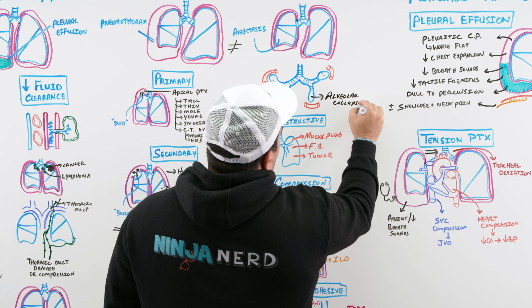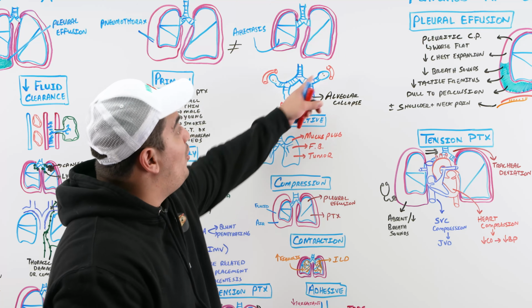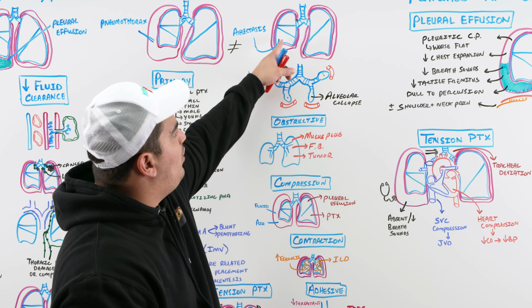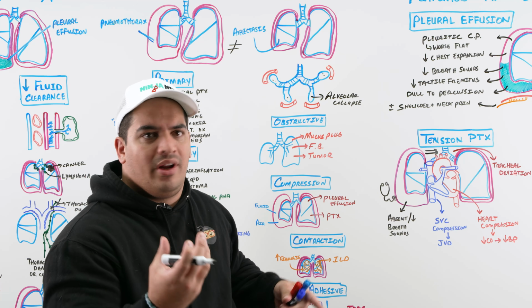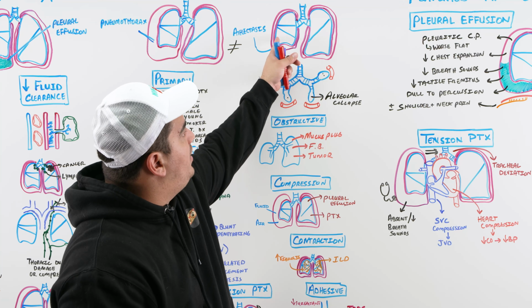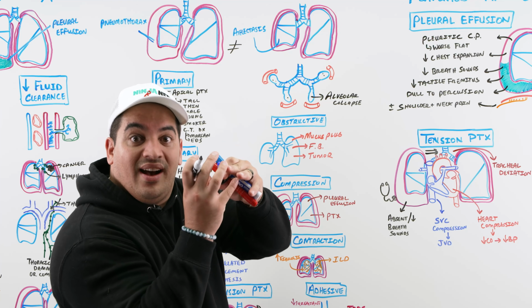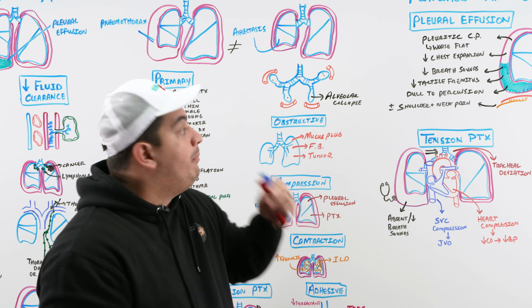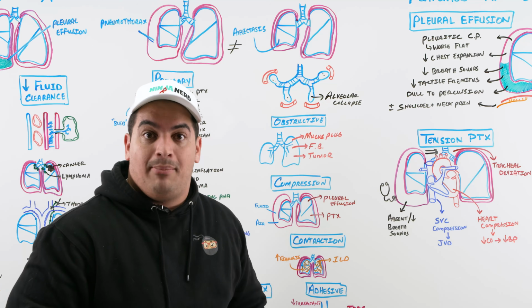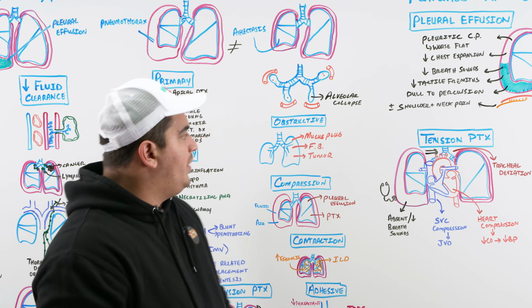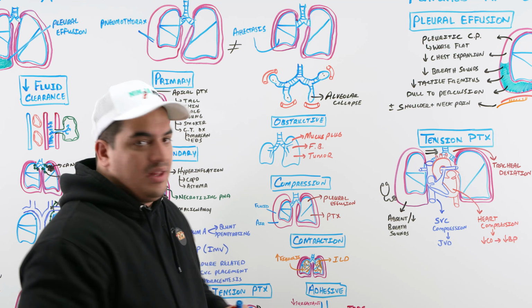Now the question is, what leads to multiple alveolar collapse? If you have a bunch of alveoli making up the lung parenchyma and they're all collapsing, won't this area of lung tissue shrink? Yes. But what causes those little bad boys to collapse? There are a couple of reasons. One is an obstruction within the airway.